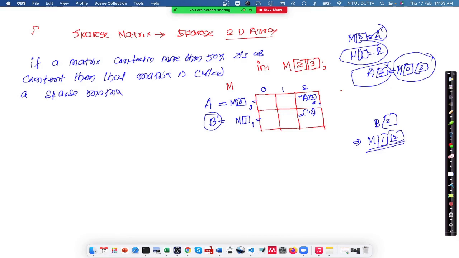Since M is a 2 by 3 matrix, it has 6 elements. 50% of 6 is 3.